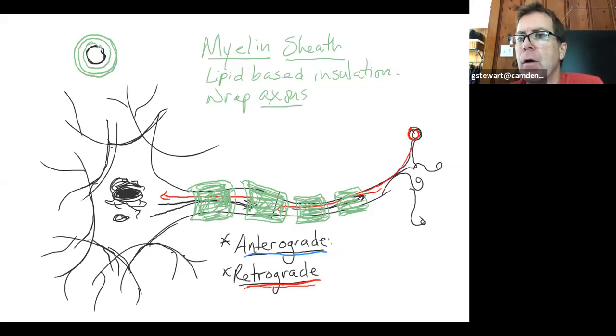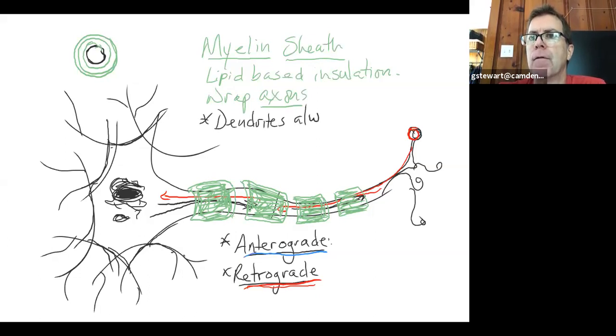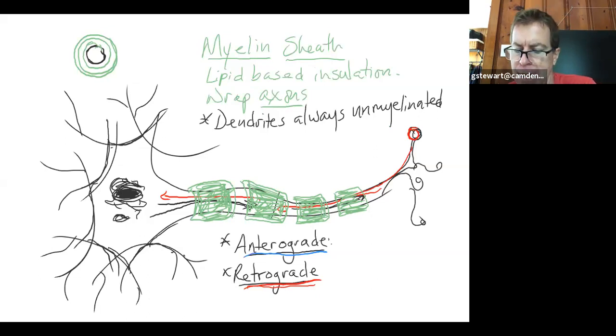Some do and some don't. But all dendrites are unmyelinated. So dendrites never have myelin. But axons may or may not have it, depending on the type of nerve, the type of neuron, where it's located, how fast transmission has to be.